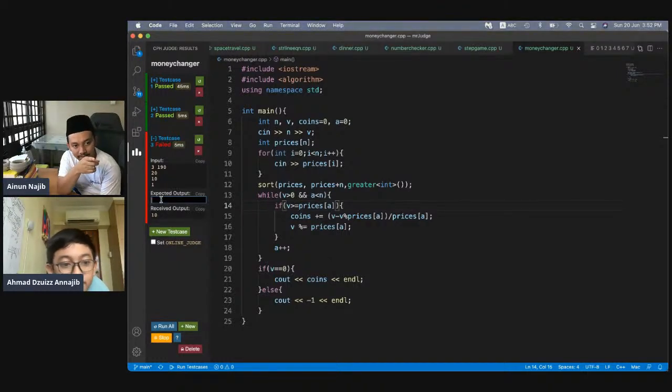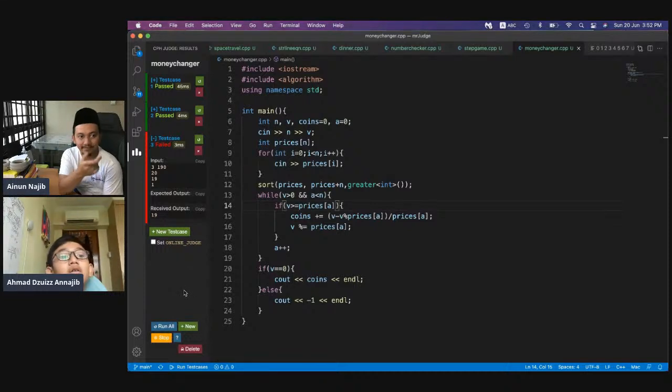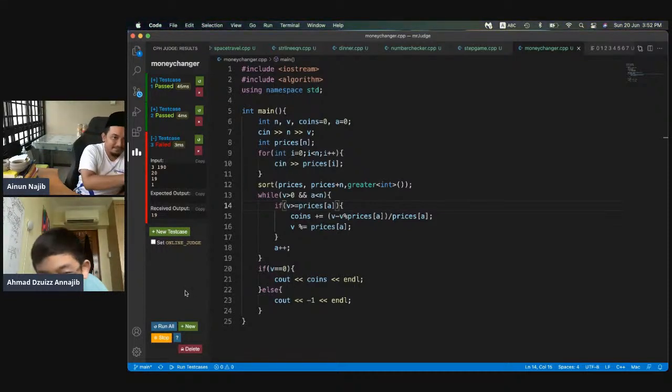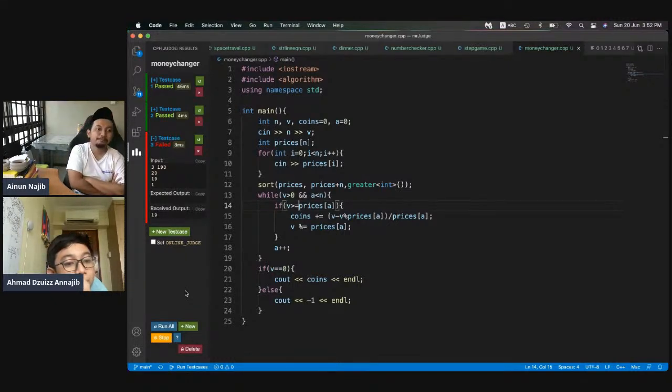Okay, sorry. Can you change your 10 to 19? Change your 10 to 19. You know why it's wrong? Okay, then this is a proper dynamic programming problem.